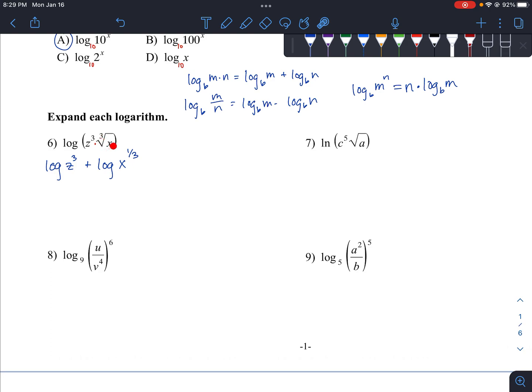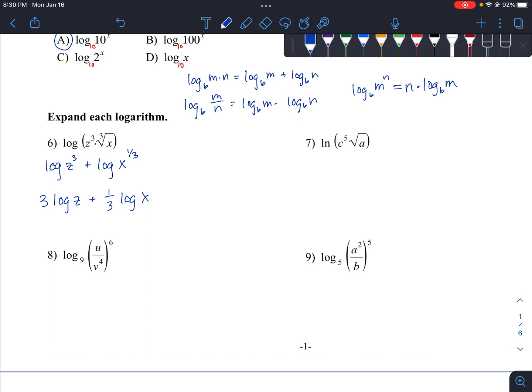Notice that I'm writing this as an exponent so that I can use my power property, drop the 1/3, and make it a multiplier of the logarithm. I'll do the same with the 3 over here, so I'll drop that 3. So 3 times log of z plus 1/3 log of x. There's nothing else inside the logarithm, no products, no quotients, no powers, so we've expanded it as much as we can.